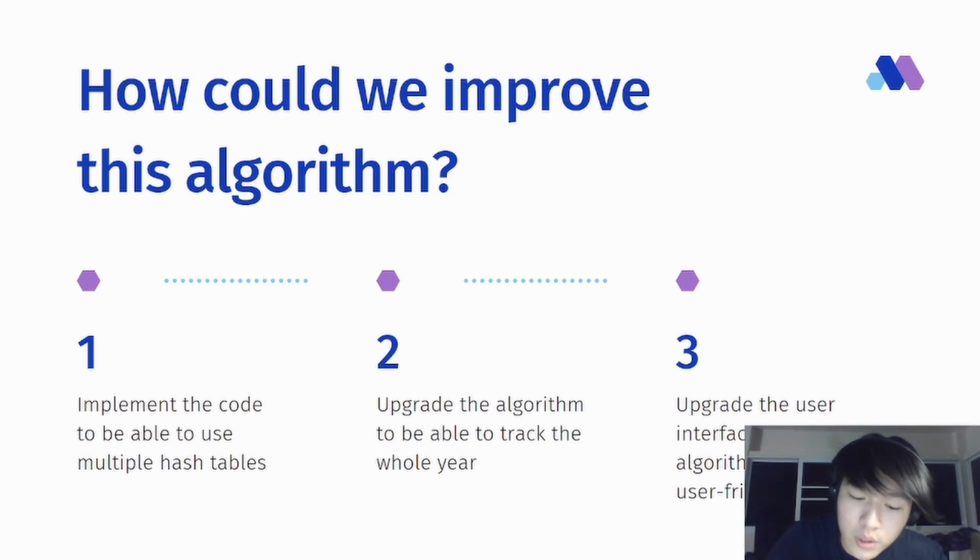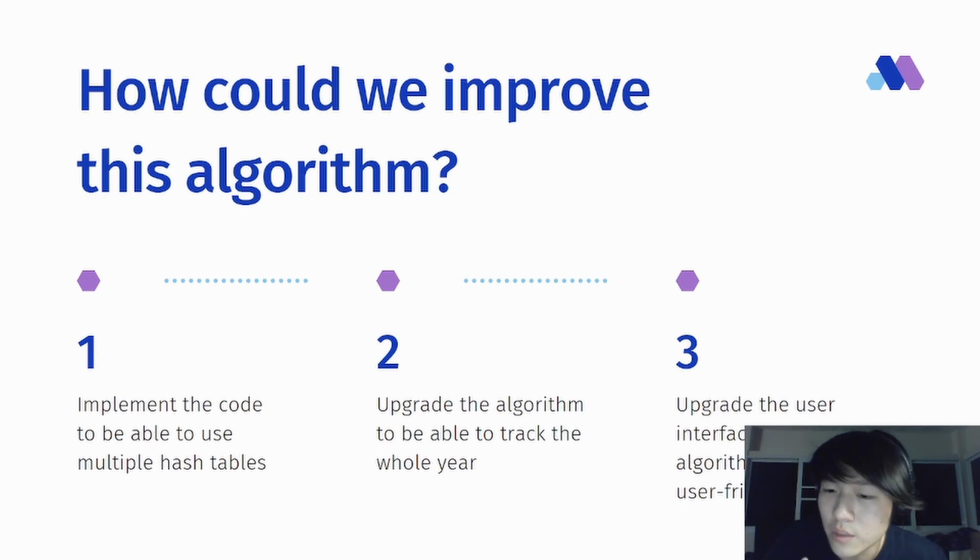Right now, our code can only be used on 1 month, and we also have to set the first day of the month. But we can upgrade it to be like the phone calendar, where all of the dates, all of the year, all the months are already there, and we just put the tasks inside the calendar. That would be great, right?